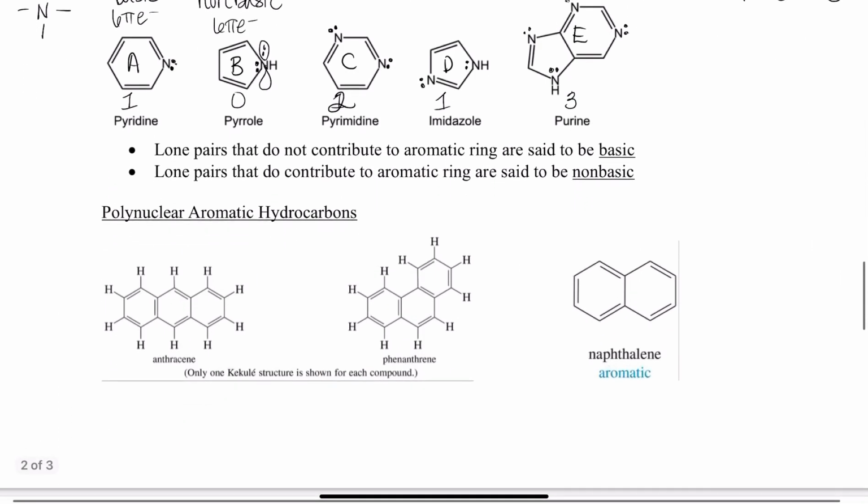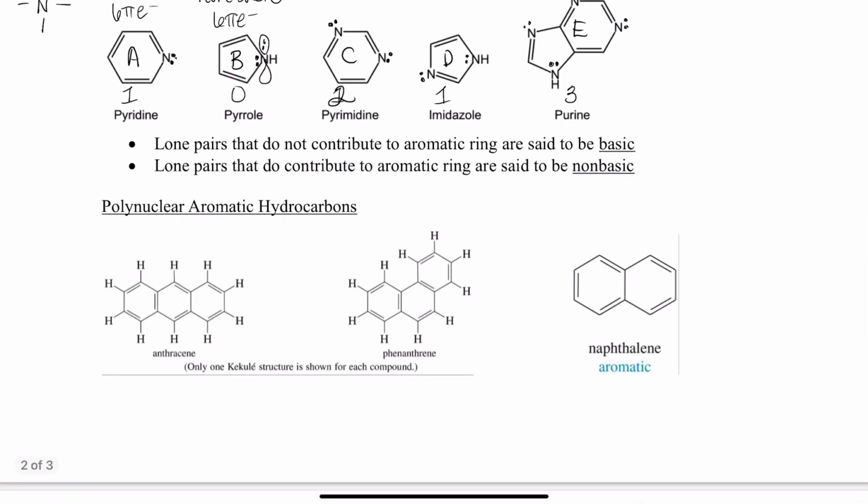Moving into our polynuclear aromatic hydrocarbons, again, these are just going to be larger structures where we're going to have fused rings and we're going to share 2 carbons where we fuse together. An example that we went over not too long ago was naphthalene, which is a 10-carbon system.